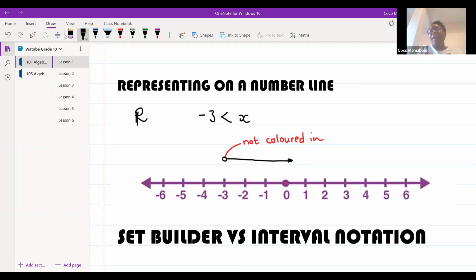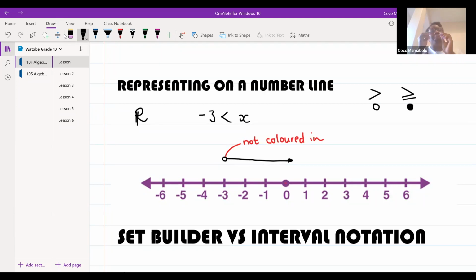So if I have a sign that does not have or equal to, I do an open dot. If my sign looks like this, greater than or equal to, then I'm going to draw a dot and color it in. Okay. This is the difference.